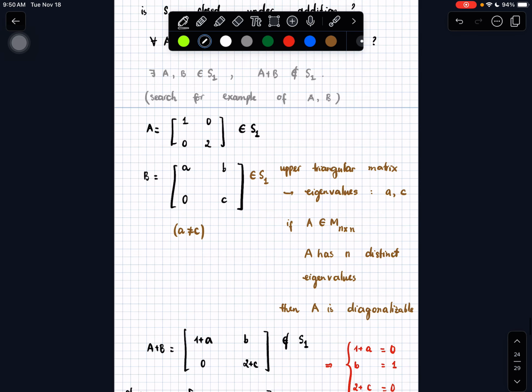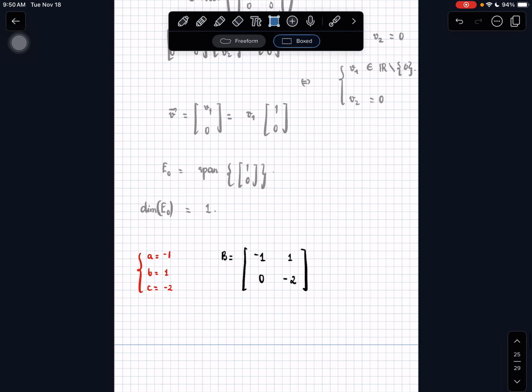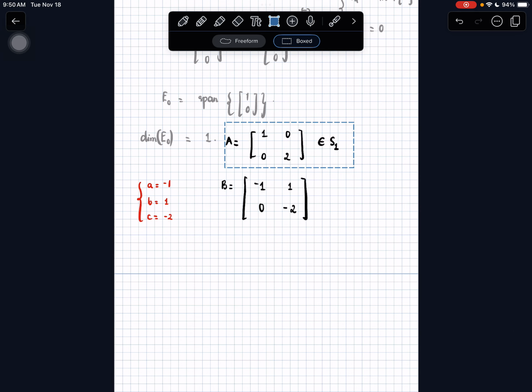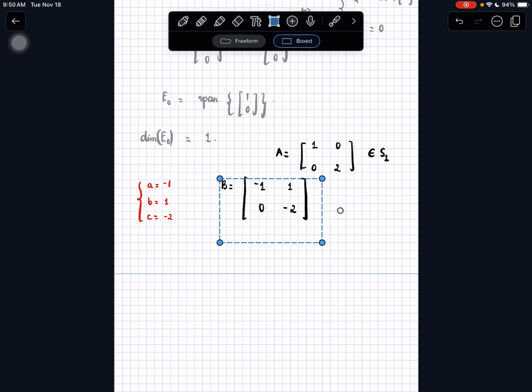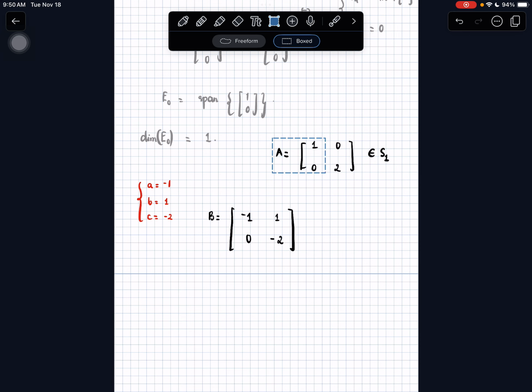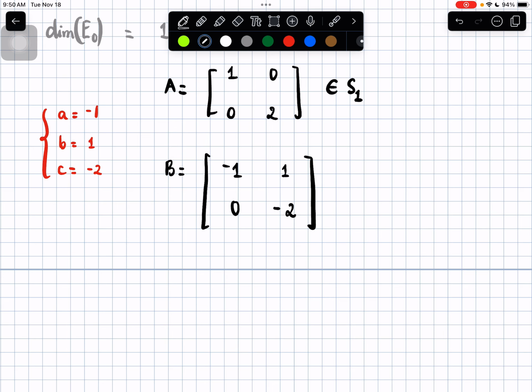Here's an A and B. They are both diagonalizable. They are both elements of S1. But A plus B, in our case 0, 1, 0, 0, is not in S1.